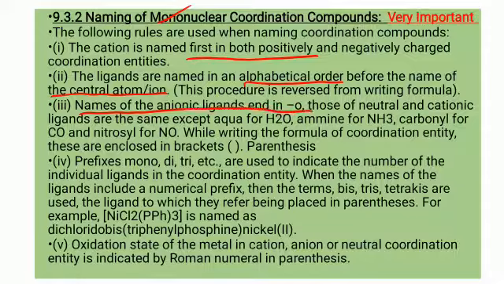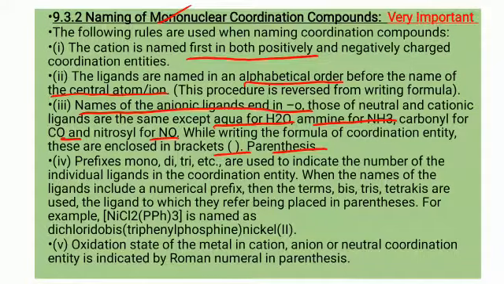Those of neutral and cationic ligands are the same, except aqua for H2O, ammine for NH3, carbonyl for CO, and nitrosyl for NO. While writing the formula of the coordination entity, these are enclosed in brackets or parentheses.